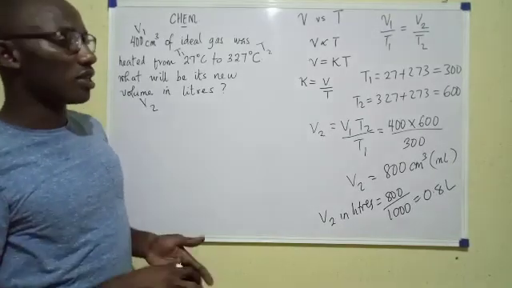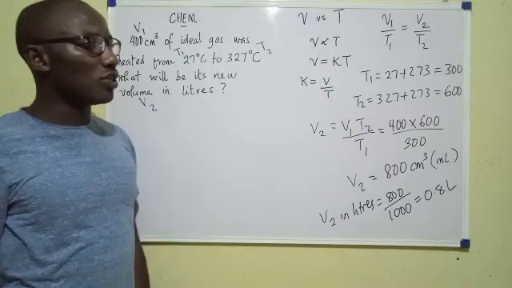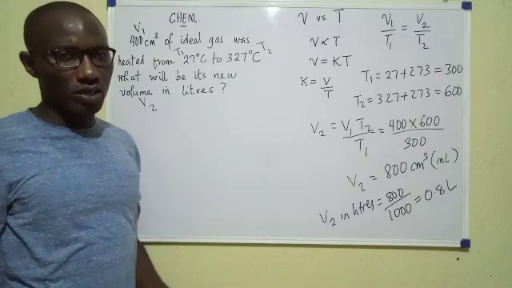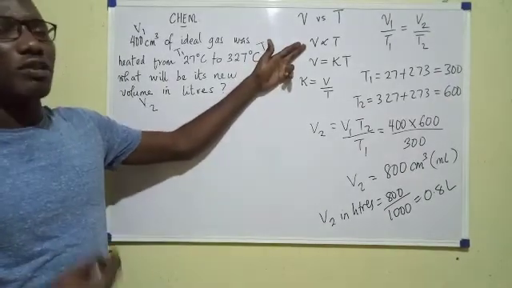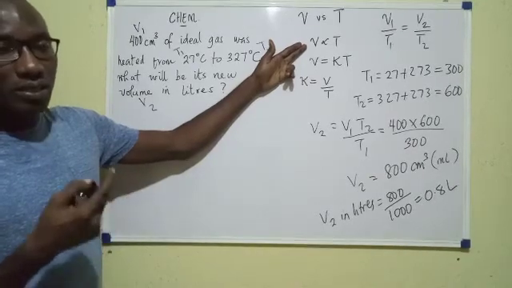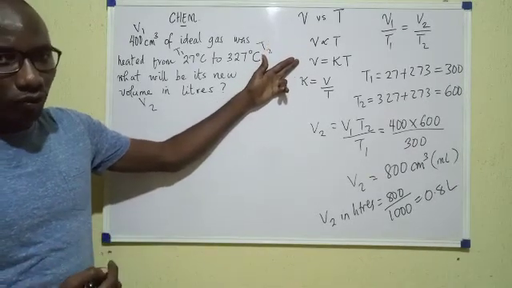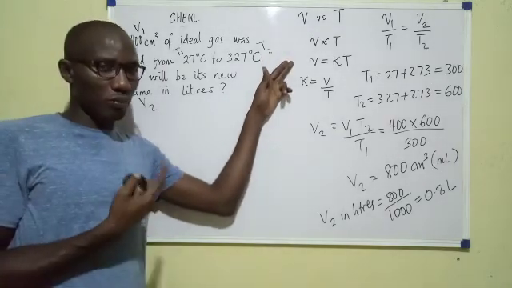Now, another thing is this. Looking at our T1 and T2, you'll see that T2 is twice the T1. That's like double of the T1. And from this line, we said if volume rises, temperature will rise. If volume falls, temperature will fall. They usually vary in the same way. That's direct proportionality.